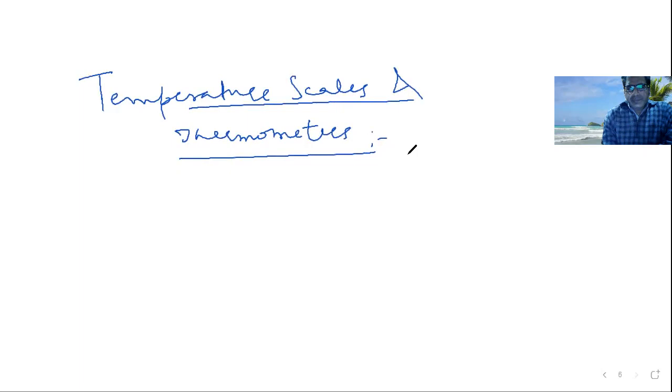Now, using Zeroth Law of Thermodynamics, I can define a temperature scale.